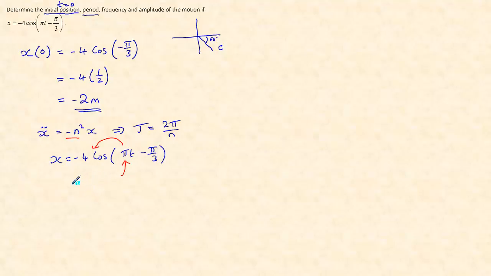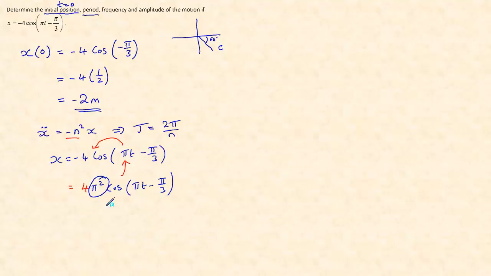So we'd end up with 4π squared cos(πt - π/3).